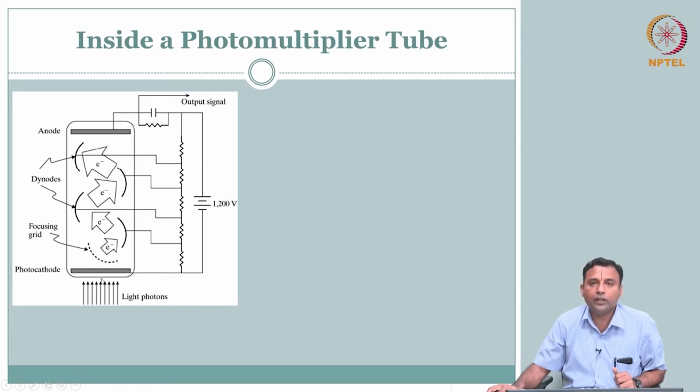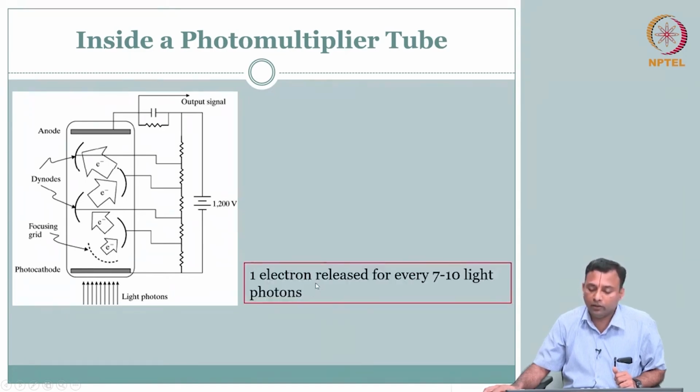Here, for every 1 electron released by this photocathode, it takes about 7 to 10 light photons. So in come about 7 to 10 light photons, and when they hit, you get 1 electron given out by the photocathode.